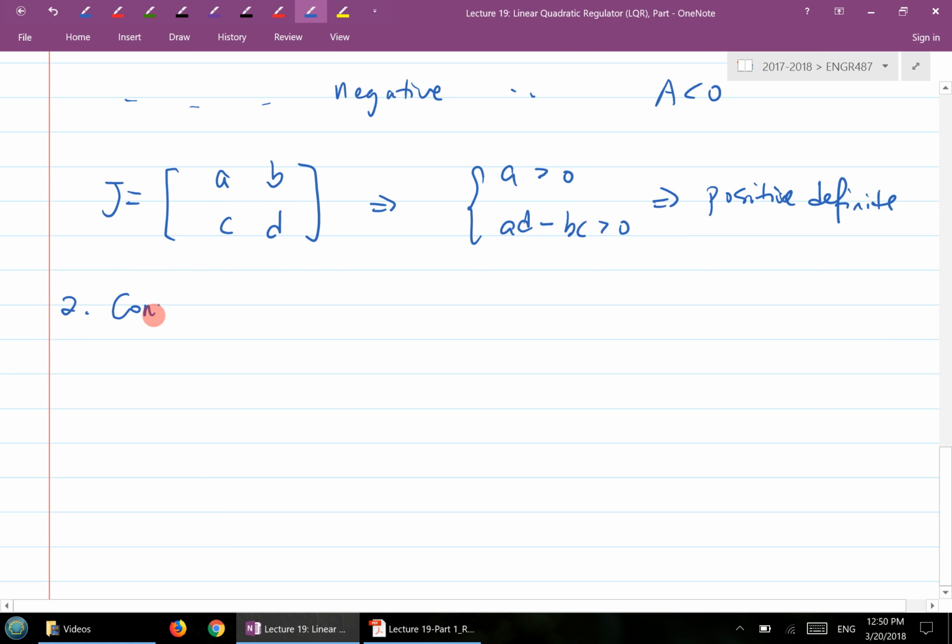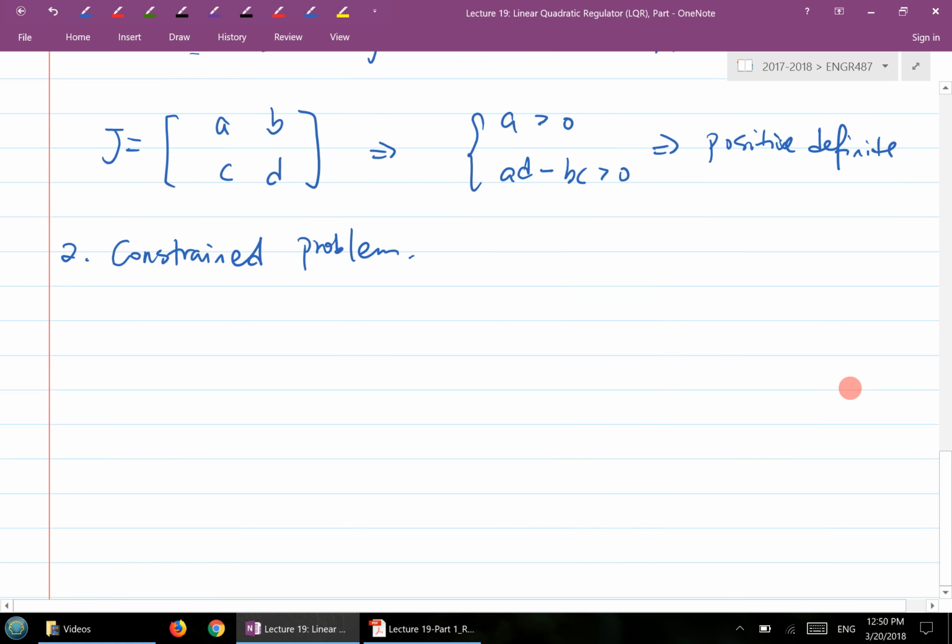Basically, this is the so-called constrained problem. I'll use a very simple example to explain it. This is also a concept we learned in 248.